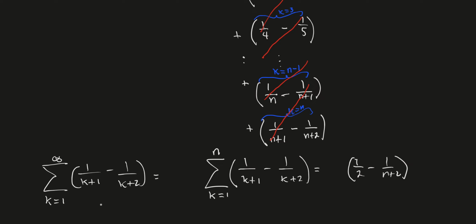So if I want to now figure out what the full series is, what I have to do is take the limit of this as n goes to infinity, which in turn is the limit of this as n goes to infinity, right? So again, you figure out your partial sum, right? And in this case, we have this nice property of these telescoping series that most of the terms will cancel out.